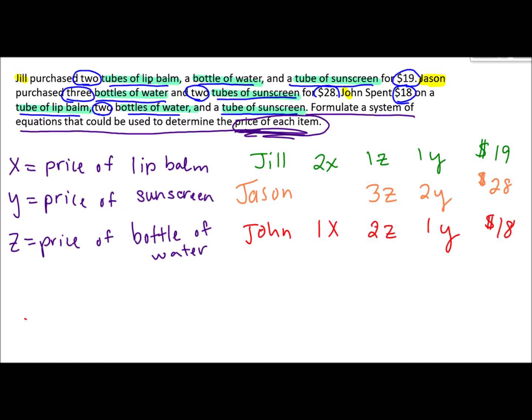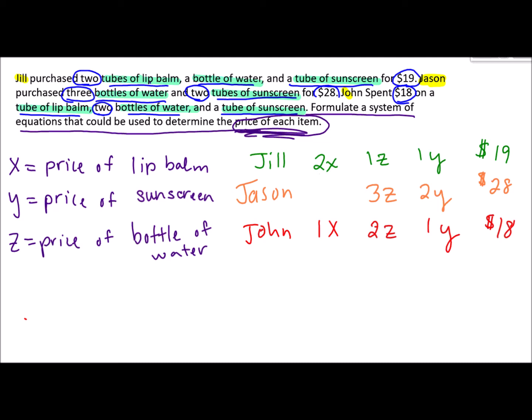So to figure out Jill's cost, say we didn't know the $19, we would go, okay, 2 times the cost of the lip balm. Okay, let's say it's $5 or something. 2 times 5 is 10. And then she's also going to get the bottle of water. Let's say that's $1. So 10 plus 1, I'm at $11. And then 1 tube of sunscreen, and let's say in this case it would have had to have been 8, right?